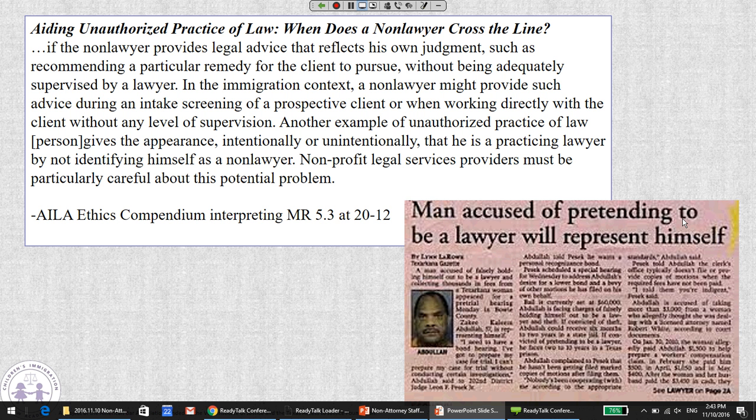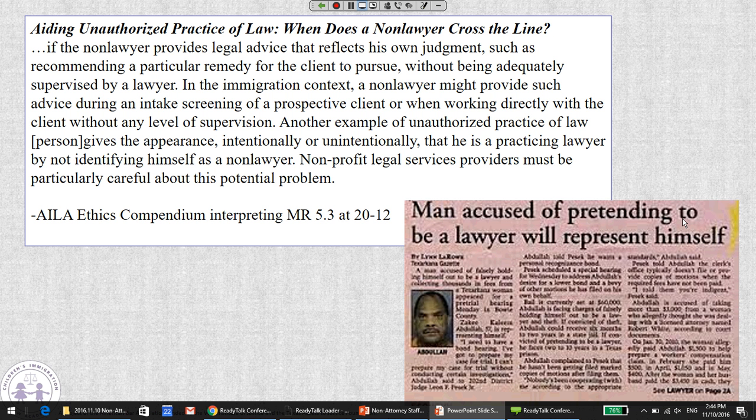In the immigration context, a non-lawyer might provide such advice during an intake screening of a prospective client or when working directly with the client without any level of supervision. Another example of unauthorized practice is the person gives the appearance, intentionally or unintentionally, that he or she is a practicing lawyer by not identifying themselves as a non-lawyer. So nonprofit legal service providers must be particularly careful about this potential problem.